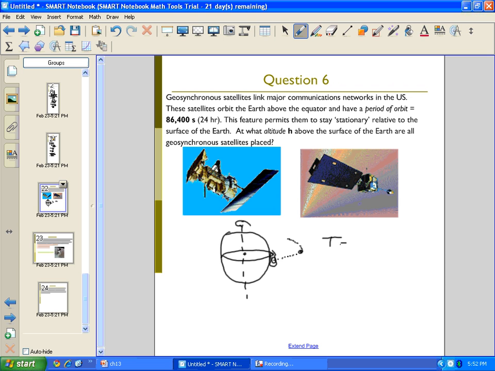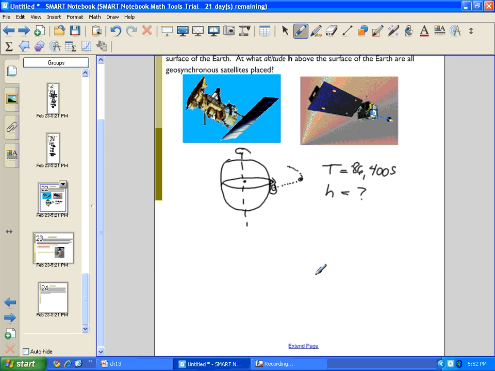So T for a geosynchronous satellite is 86,400 seconds. The question is, at what altitude should we place this satellite so that it ends up with a T of this value?